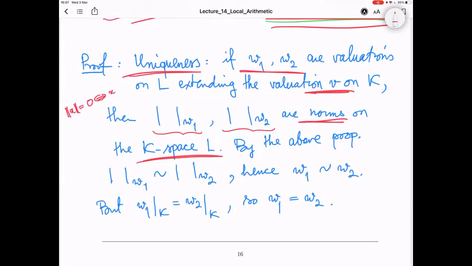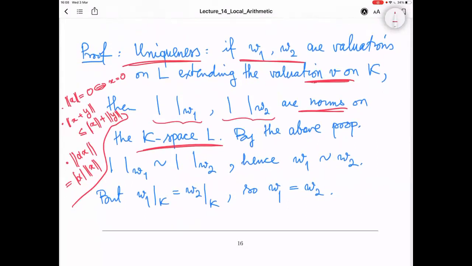The axioms were something like this: the norm is 0 if and only if the vector is 0, the norm of X plus Y is at most the sum of the norms, and finally the norm of alpha times x is equal to the absolute value of alpha times the norm of x. I mean, something like this, right? So if they are valuations, then they'll satisfy these conditions.